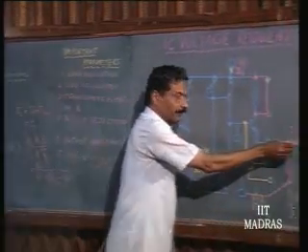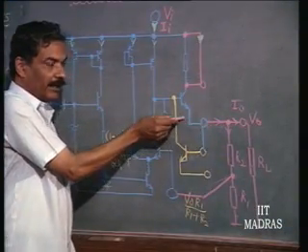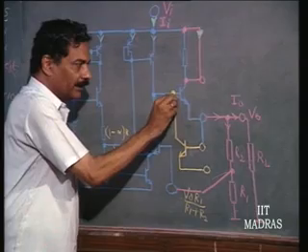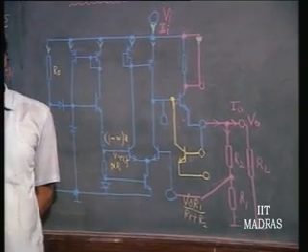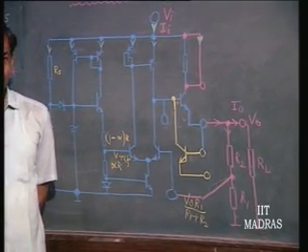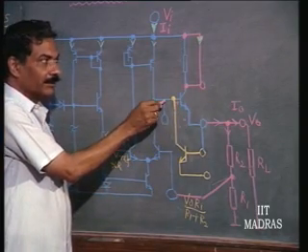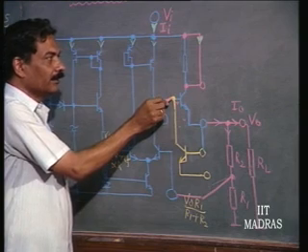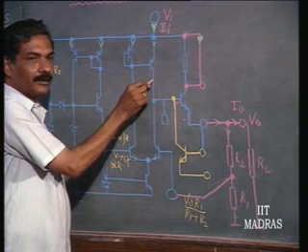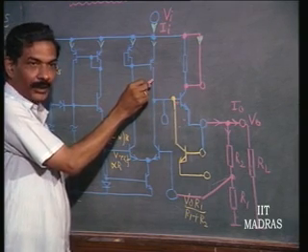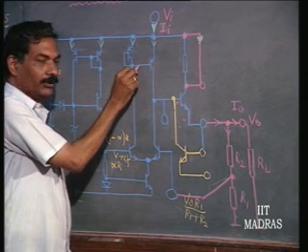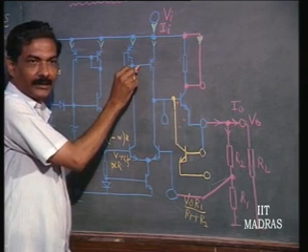This is V naught. We come through this and come to the circuit here. We have here 1 V gamma. Then we come to this. This is connected to this. This potential can swing and come close to this under the limitation.